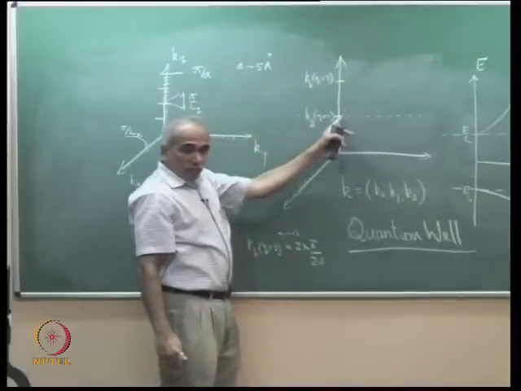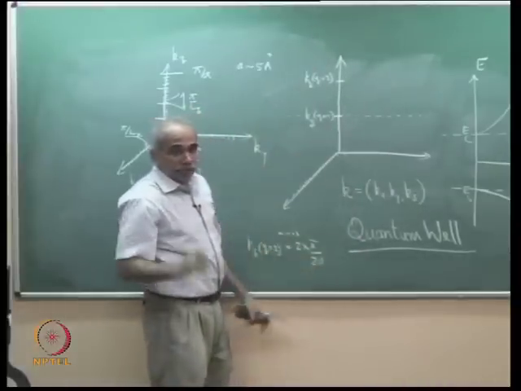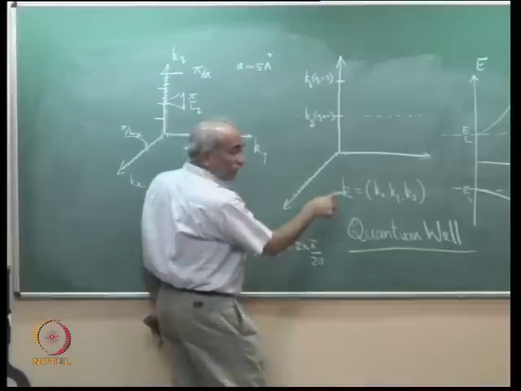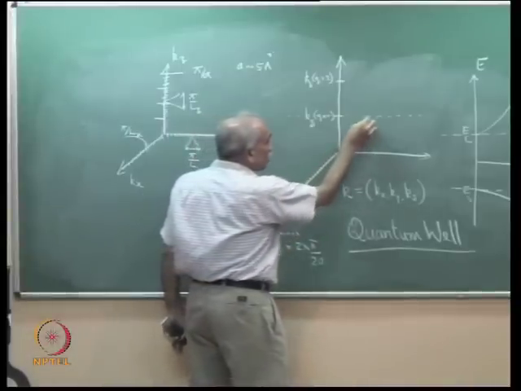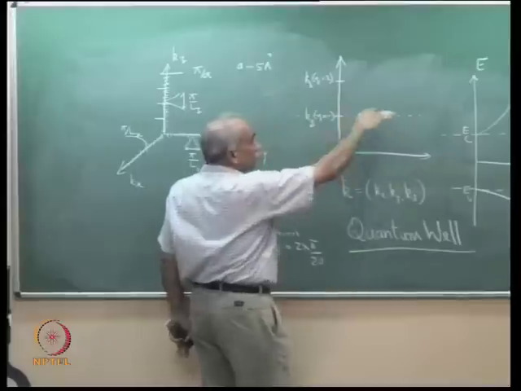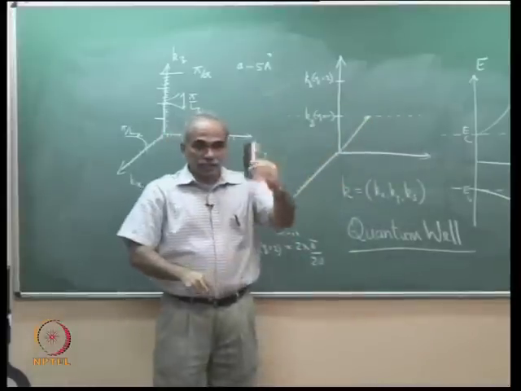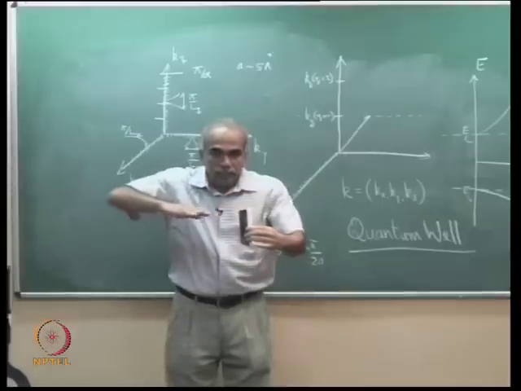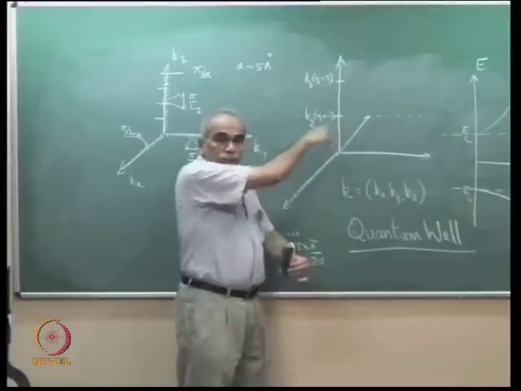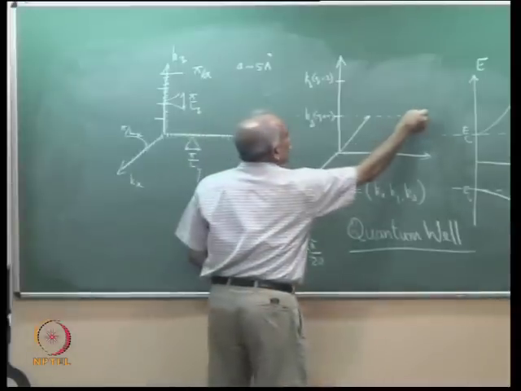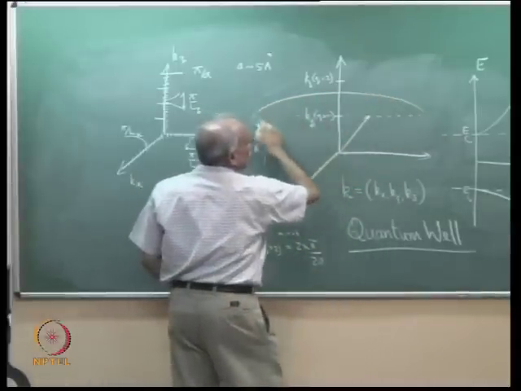Now the first value of Kz should be at this height, which means the tip of the K vector must lie on a plane. Please see, if this is the axis, imagine a plane where Kz takes its first value, the plane here. Let me show this as a disk.